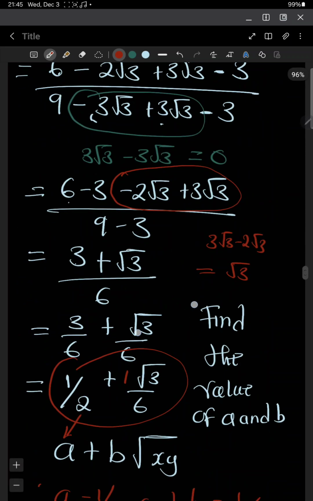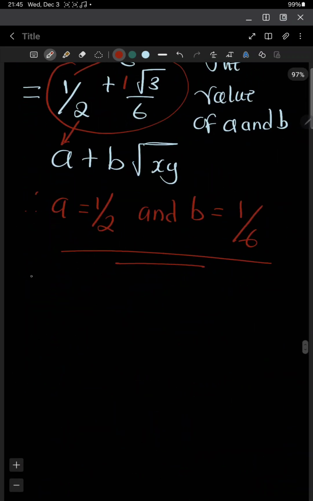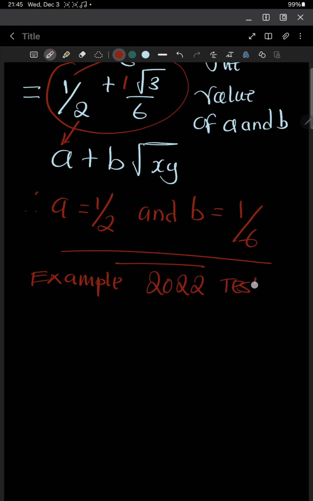We proceed to our second example. This example 2 is 2022 test 1.